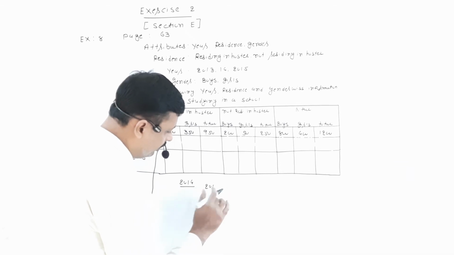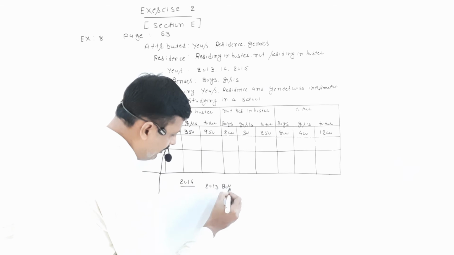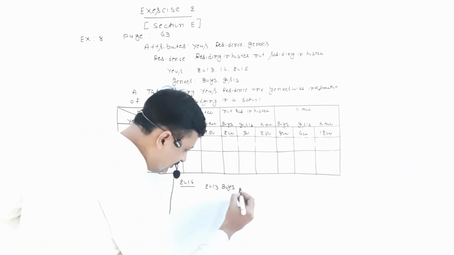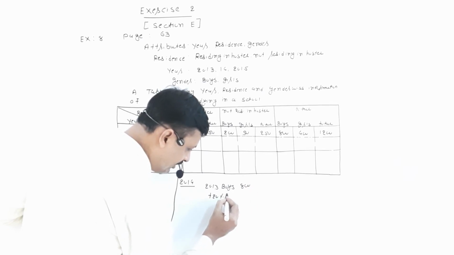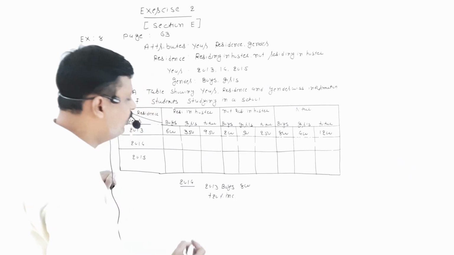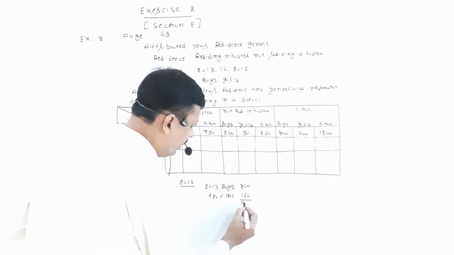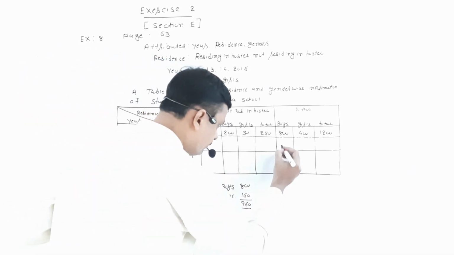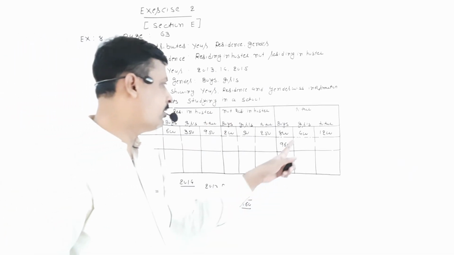So in 2013, boys that is 800 and 20% increase. So 800 20% become 160. 800 plus 160 960. Okay, number of girls 400.